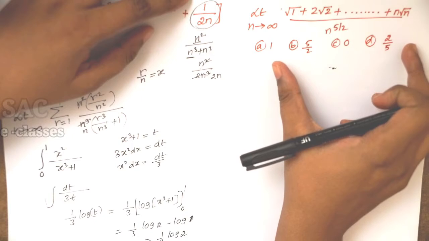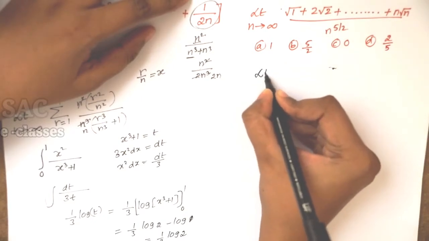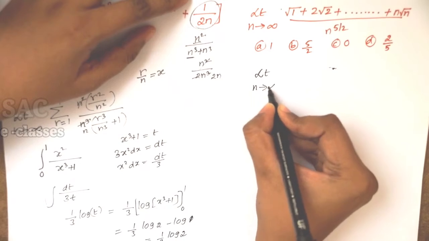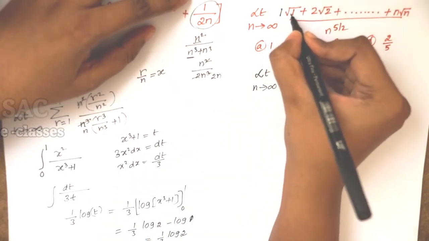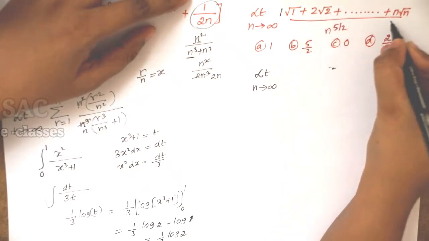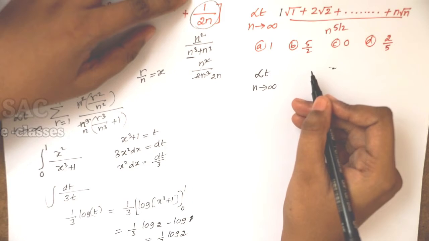Now can you convert this one into the limit form? So yes, limit n tends to infinity. First to make it into 1 root 1, 2 root 2 plus n root n by n power 5 by 2. So what can we do here?